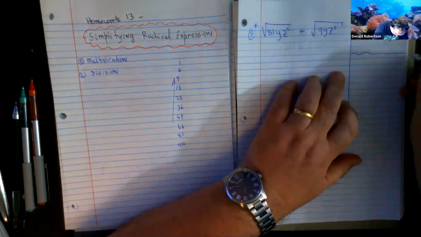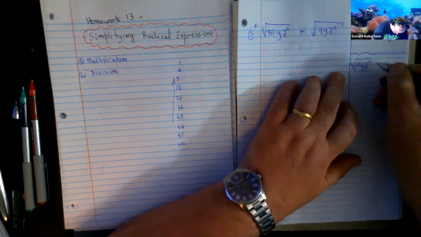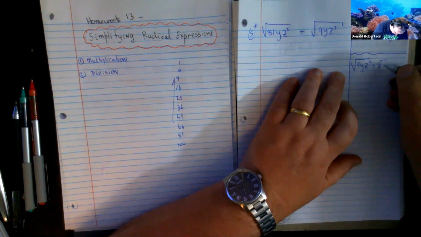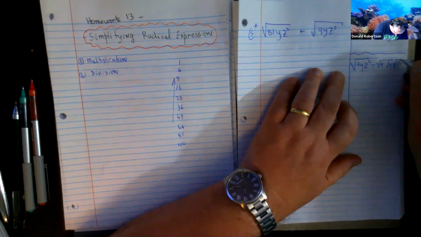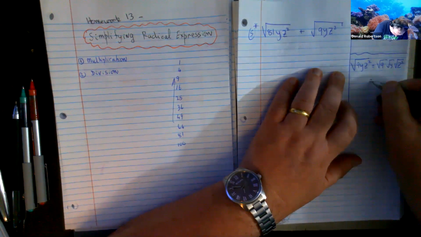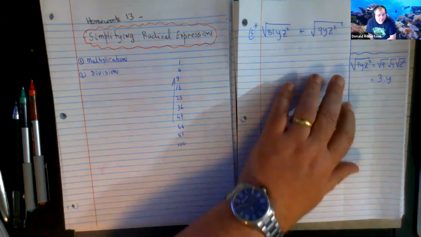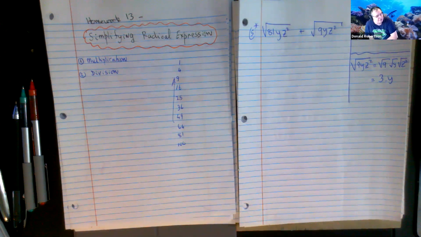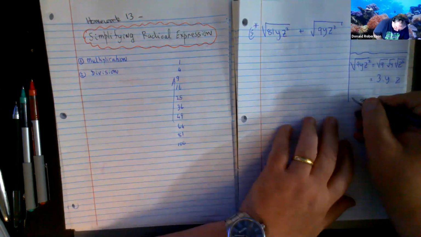Let's do the other one. 9yz squared. That's going to split as the square root of 9, the square root of y. Oh God, it's almost the same question. Okay, let's give you a chance to redeem yourself. Alyssa, what is the square root of z squared? Z. Well done. That wasn't so painful. Right.